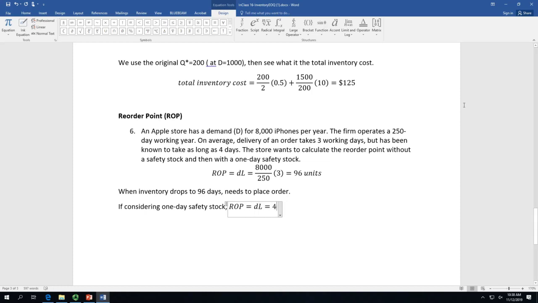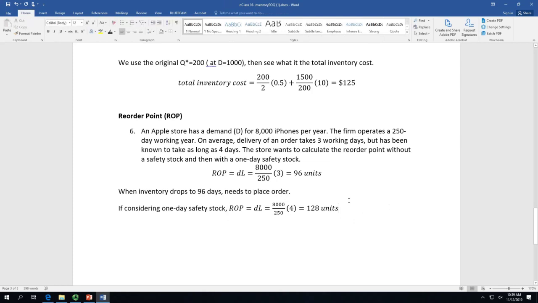So it is 8,000 divided by 250 times 4. So this one equals 128 units, not days.